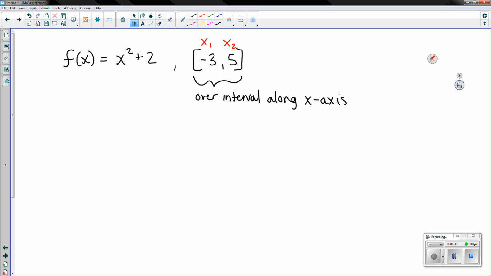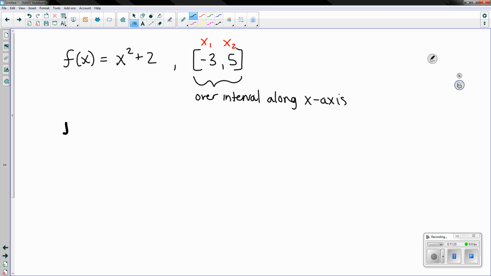We do not need to graph this function in order to calculate the average rate of change. We know that we need to compute slope, and we know that we need two coordinates. We have the x coordinates for each one. How are we going to get the y coordinates? What we're going to do is plug in these x values, because we know that the y coordinate represents the output of our function given a certain input x.